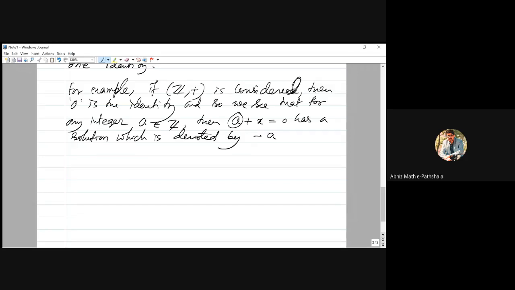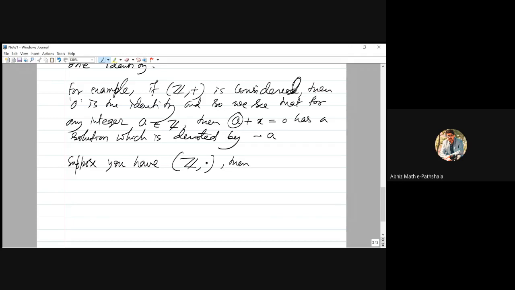Now, if you consider multiplication instead of addition over Z, then what will happen? Suppose you have Z dot.